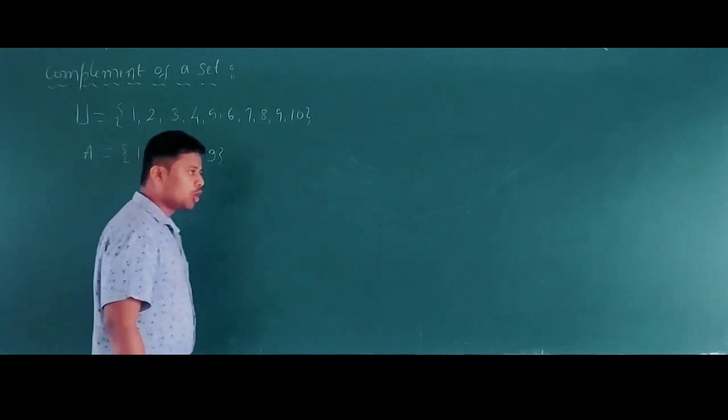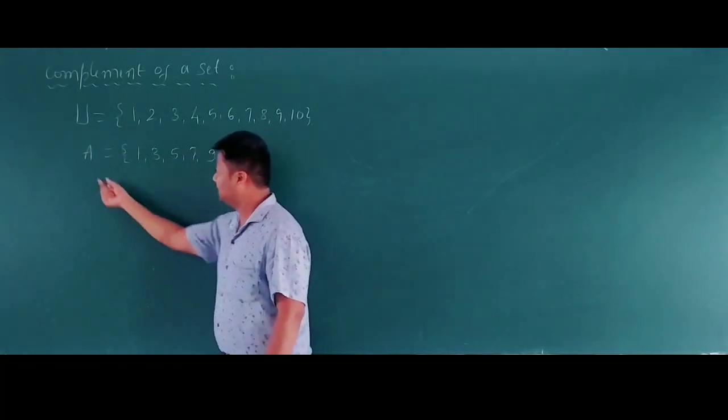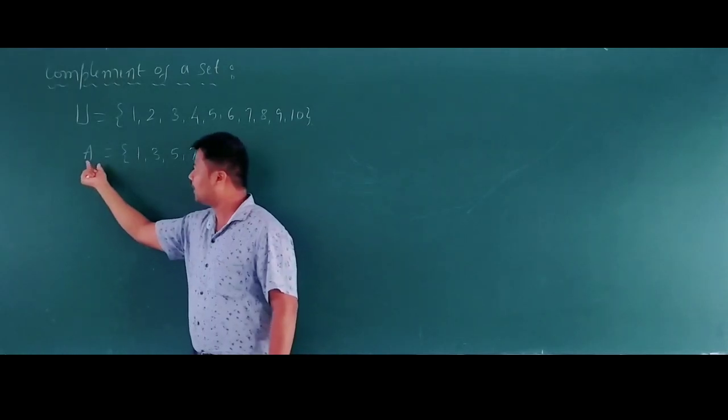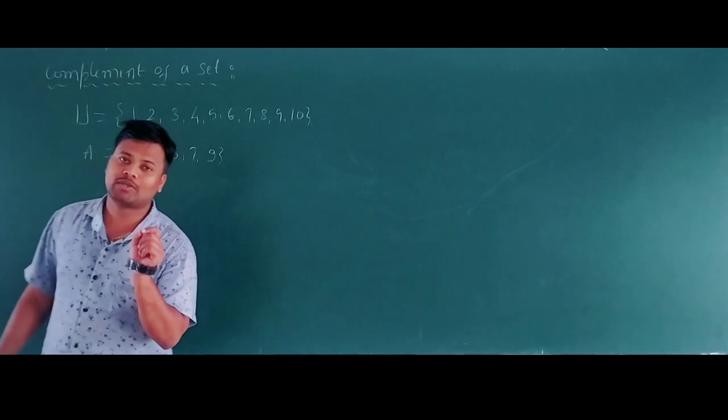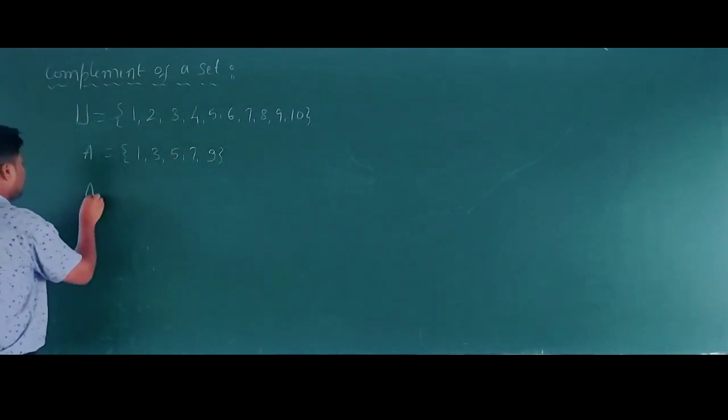Then the complement of set A with respect to universal set U is denoted by A dash.